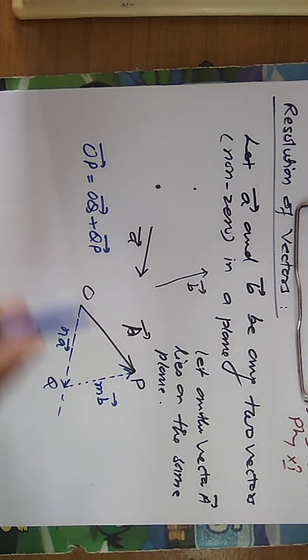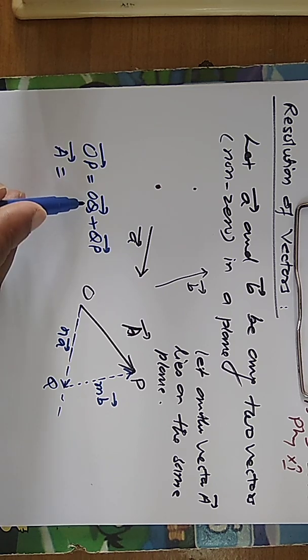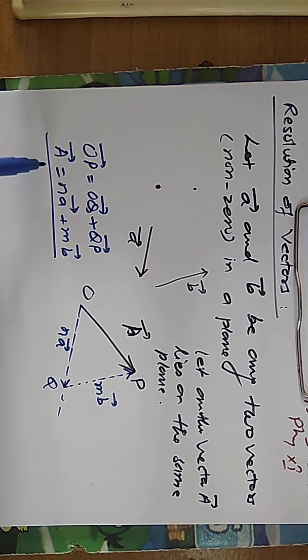OP is our vector A, and this is nA plus mB. Now this vector is resolved into two components parallel to A and B. One component, nA, is parallel to A and mB is parallel to B. In this way we can resolve the vector in the given directions.